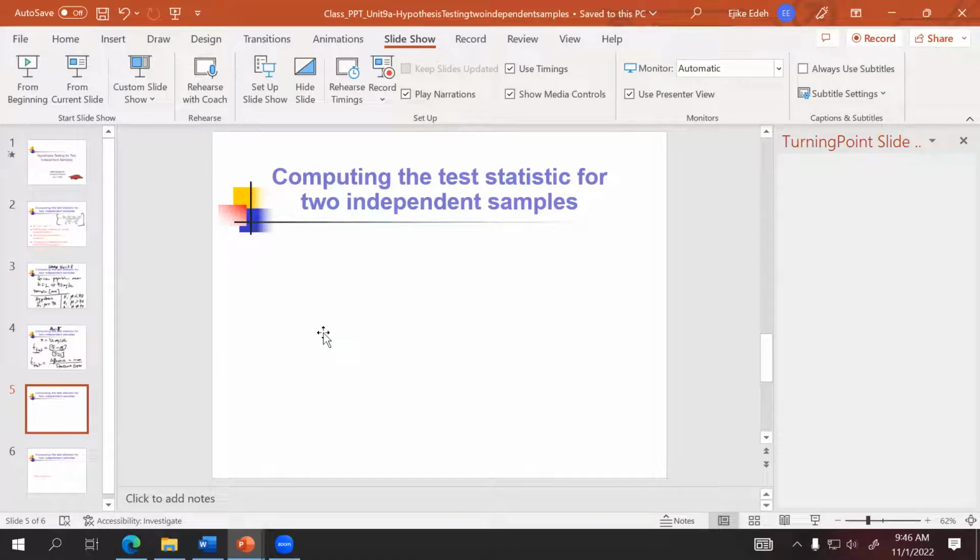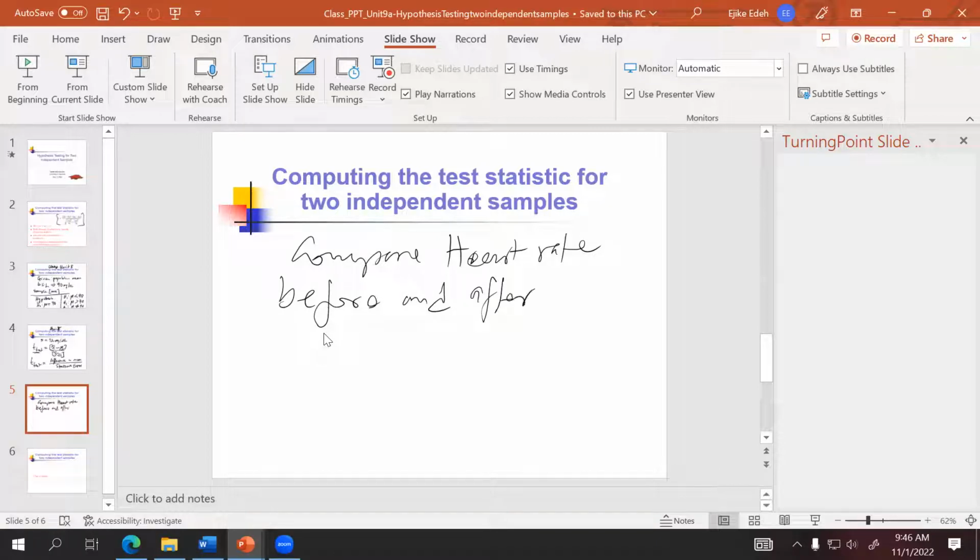In this case, this would be a situation where somebody is trying to compare 2 samples. So let's say, for example, I'm going to compare heart rates before and after exercise.